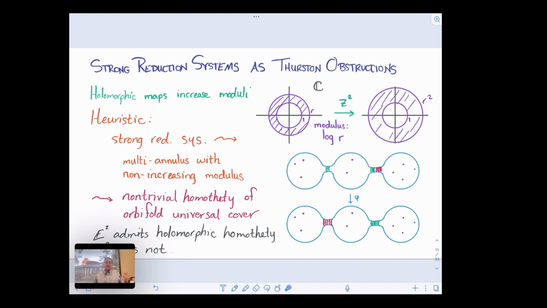And so the Euclidean plane has a holomorphic homothety, right? When you scale by d, that's a homothety of the Euclidean plane that's holomorphic. But the hyperbolic plane does not have a holomorphic homothety. And so if your orbifold is what's called hyperbolic, and I'm not going into that, the universal cover is the hyperbolic plane. And so you can't have this phenomenon that areas are getting multiplied by d.